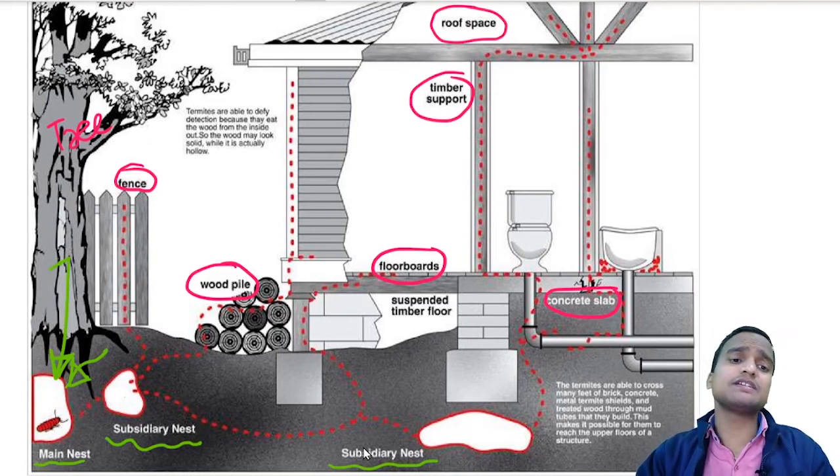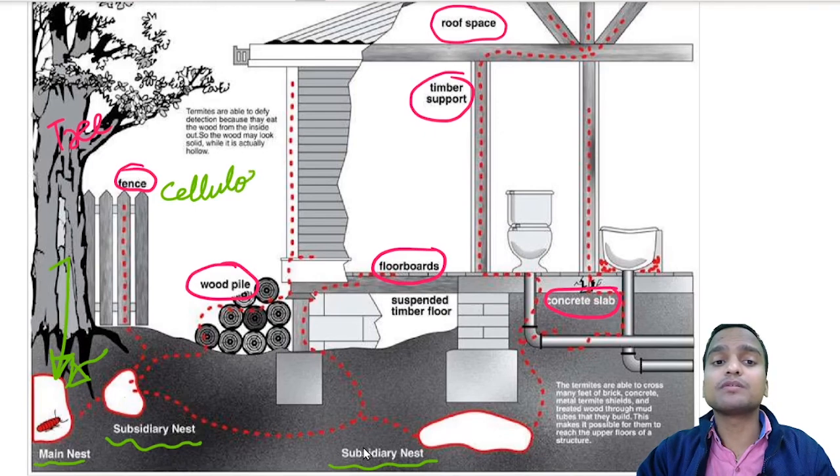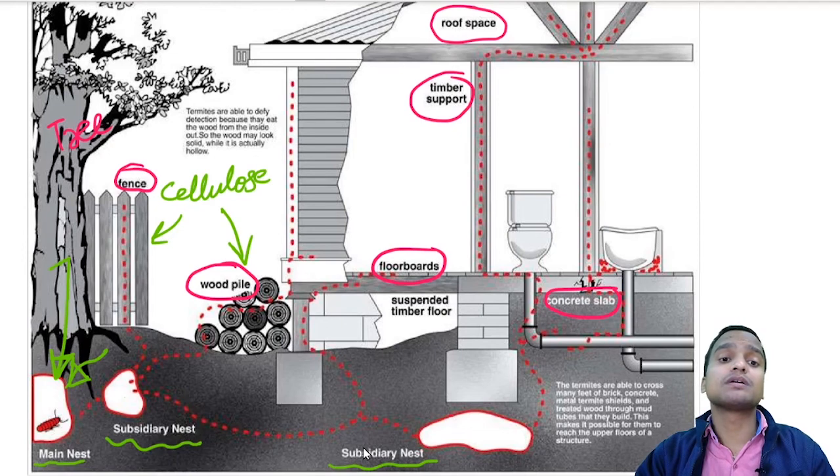And from these subsidiary nests they start moving, and they may move to the place where sufficient cellulose is available. So this fence is again a source of cellulose, or the wooden piles which we may have kept for some furniture or burning purposes.